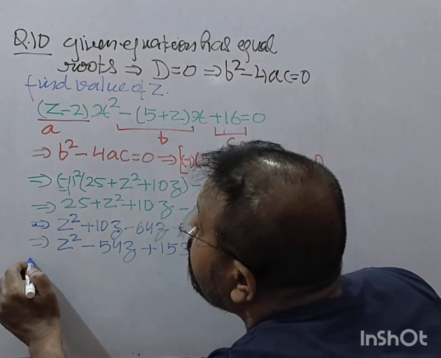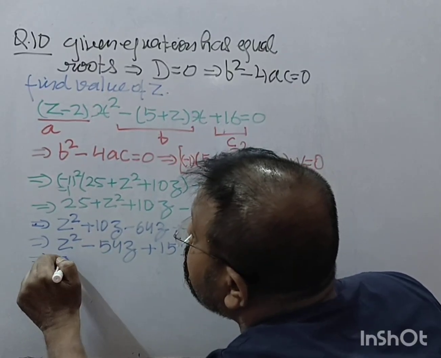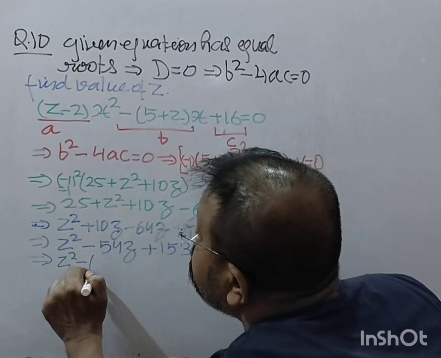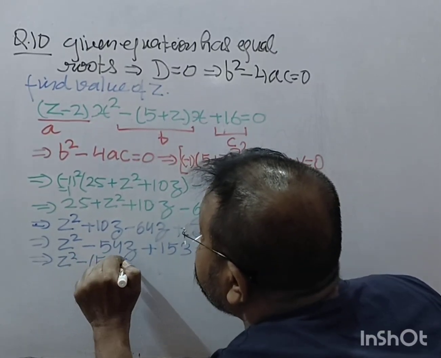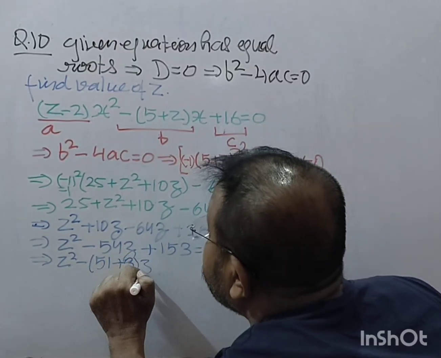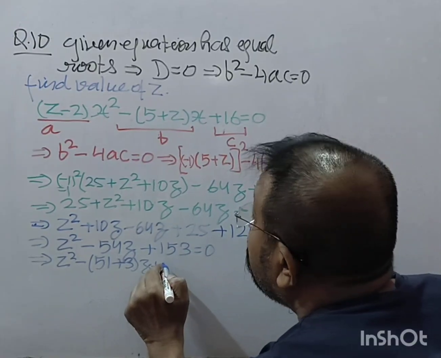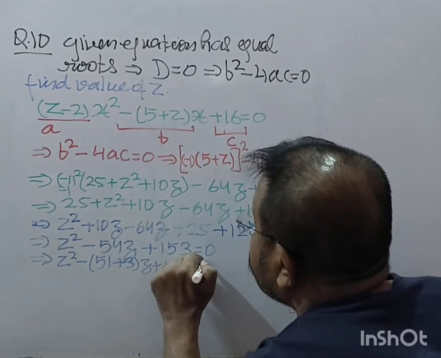So you write here z square minus (51 plus 3) z plus 153 is equal to 0.